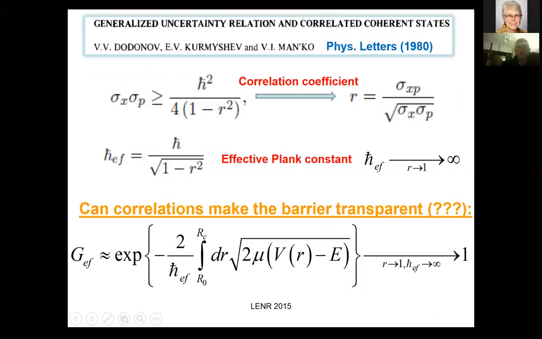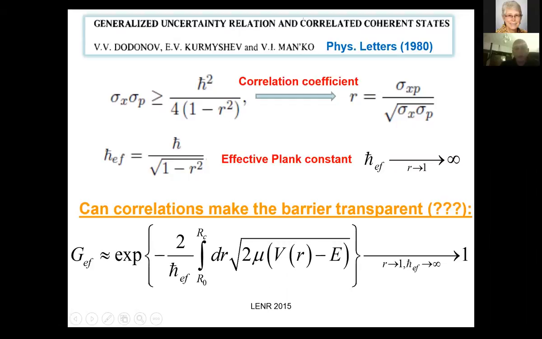Usually, if there is no correlation, of course, you have the same result, which was obtained by Gamow. So if you take into account this correlation coefficient, then we can really modify the Gamow formula, and then the probability, at least in principle, can be increased enormously.